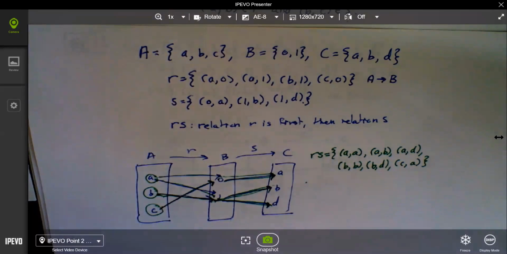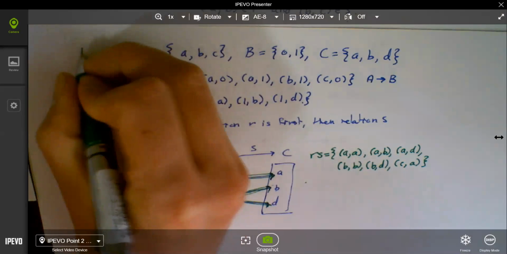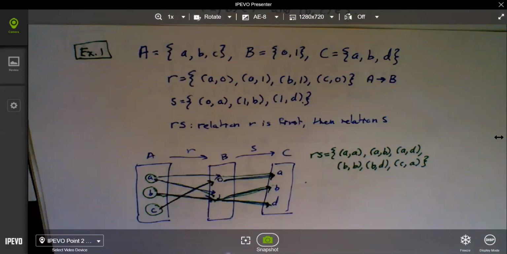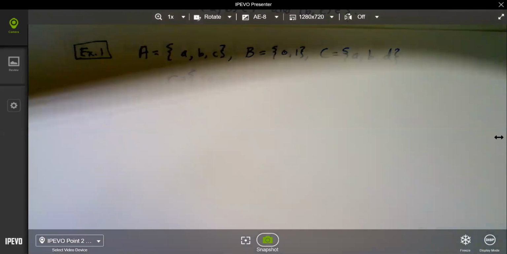So let's move on to our example 2. So this was example 1. All right. And if you need to pause the video and finish writing all this down, please do so. We're going to move right on to example 2.